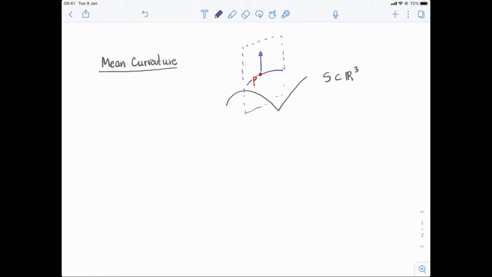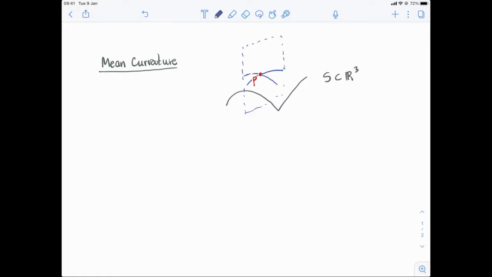And then, it's part of the theory that there are two directions that are called principal directions. These are two orthogonal directions that correspond to the maximum and the minimum curvatures of all the directions on the surface. The average of these two is what we call the mean curvature.